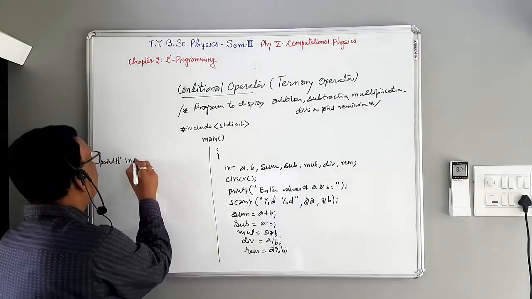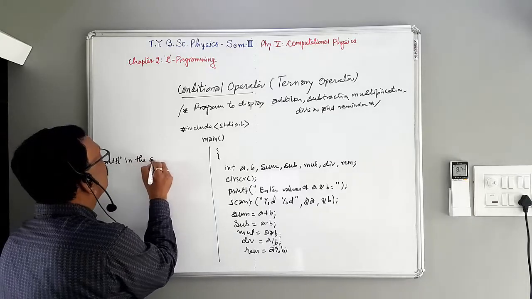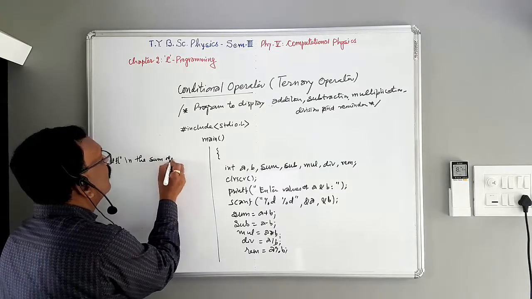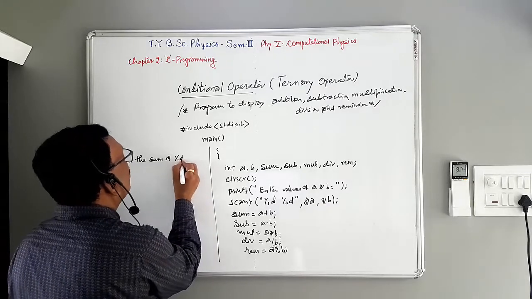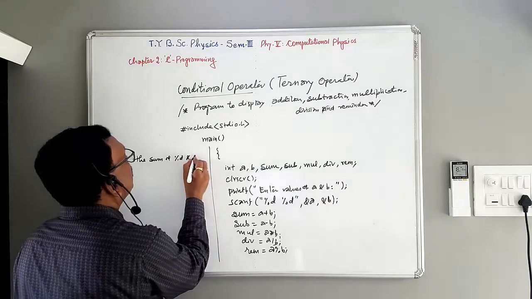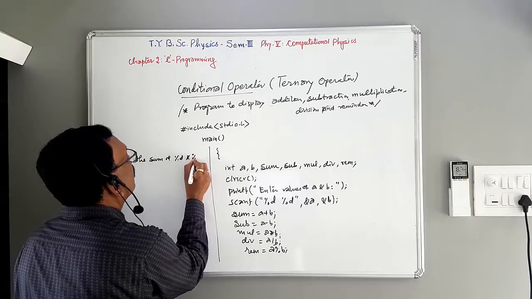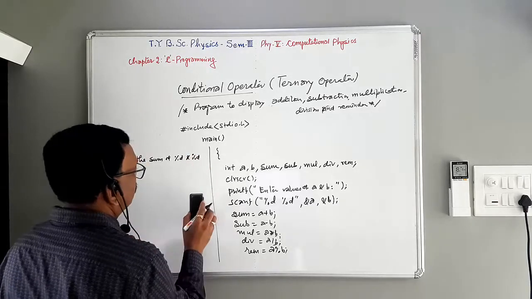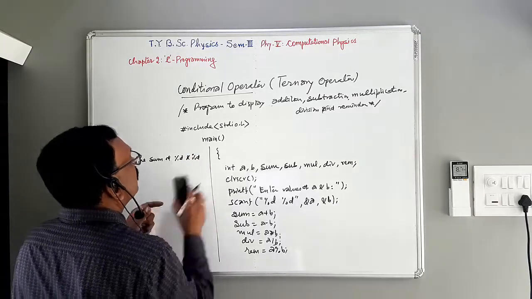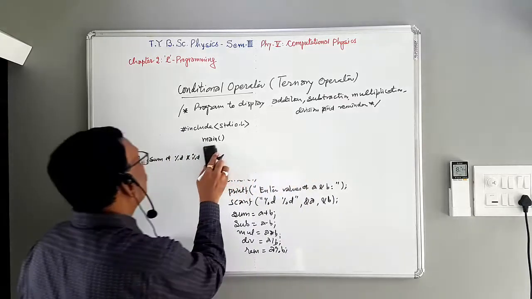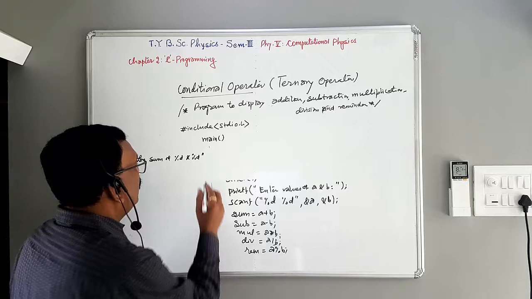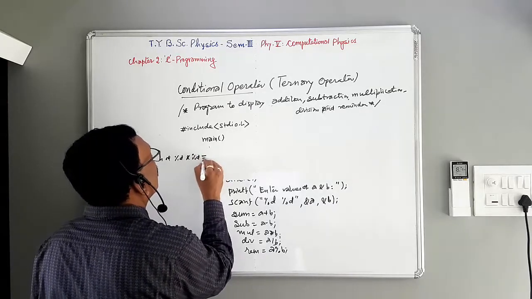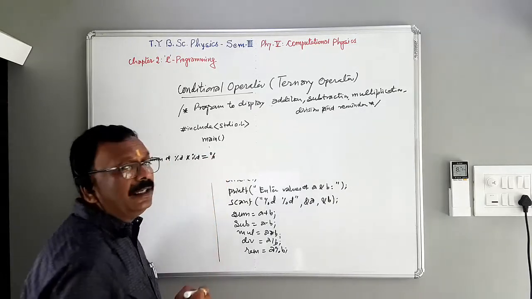Therefore, this is the new line operator. The sum of %d, that is first A, and %d, and %d is equal to, the result is also an integer.